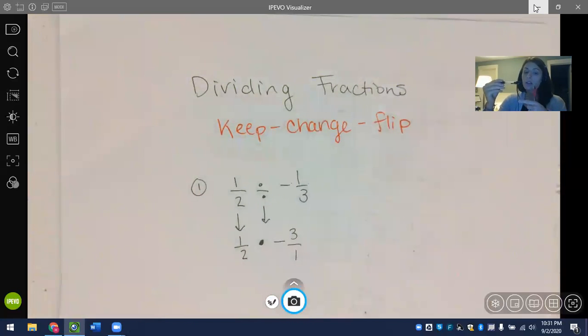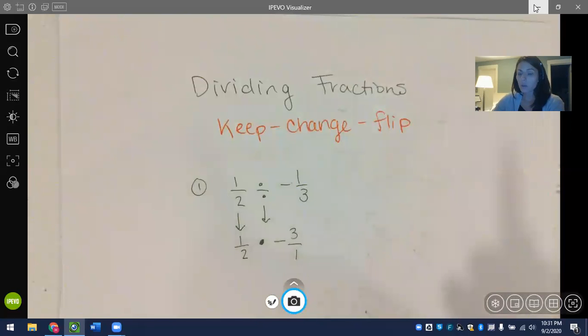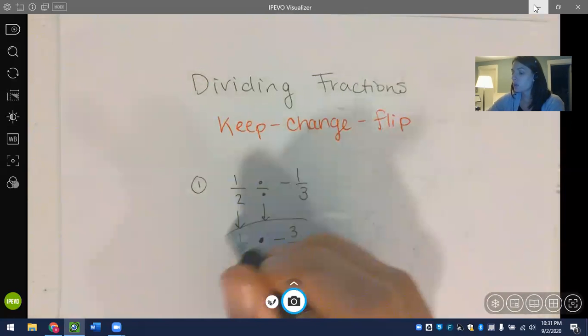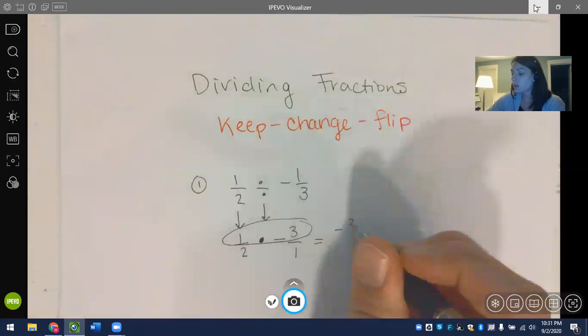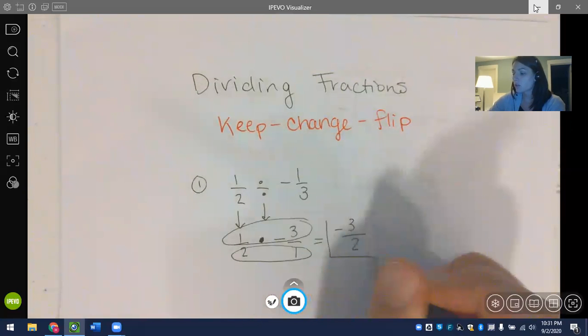Okay, that the numerator goes to the denominator and the denominator goes to the numerator. I'm flipping it. Now I have a multiplication problem, and we already know how to multiply fractions. We just reviewed that. So I can't reduce anything here, and I'm just going to go ahead and multiply numerator and multiply denominator, and I get negative 3/2.